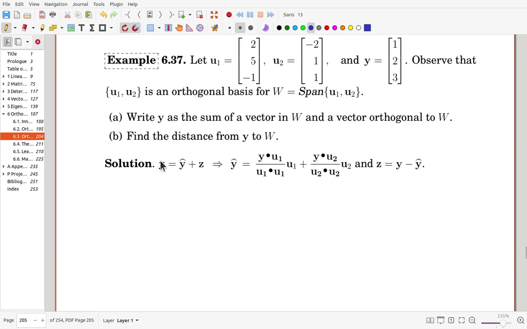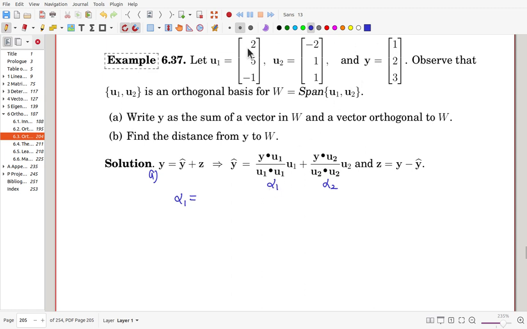Part A begins this way, and y hat must be given in this way. So that is now alpha 1, there's alpha 2. Here alpha 1 is y dot u1 over u1 dot u1.